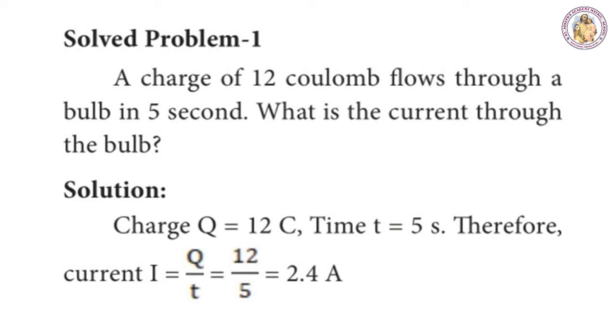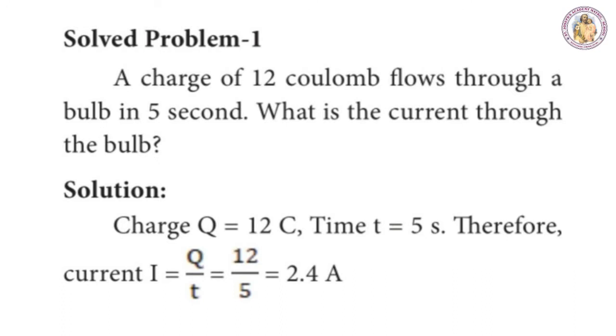A charge of 12 coulomb flows through a bulb in 5 seconds. What is the current through the bulb? So here 12 coulomb is the unit of electric charge. Wherever you see the coulomb, that is the unit of electric charge, so we can take Q equal to 12 coulomb. Q is the charge symbol.